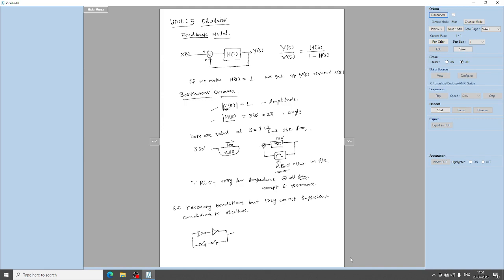You have enough gain and the necessary phase shift, both are there, but it will not oscillate. What happens is it will latch up to one particular voltage.